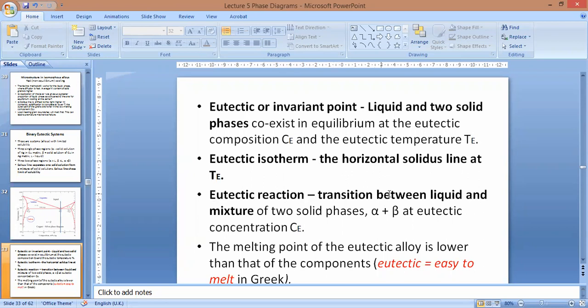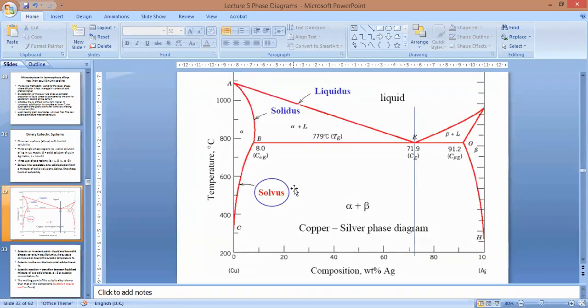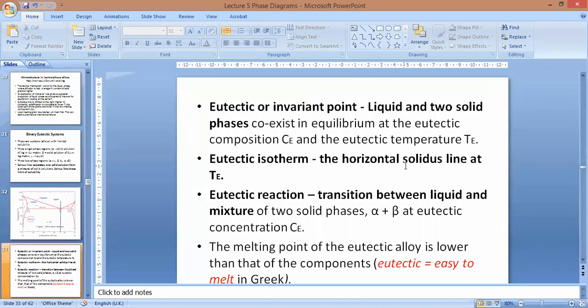This is the transition between liquid and a mixture of two solid phases, alpha plus beta, at the eutectic concentration CE. Basically, this reaction is a movement directly from liquid to solid.